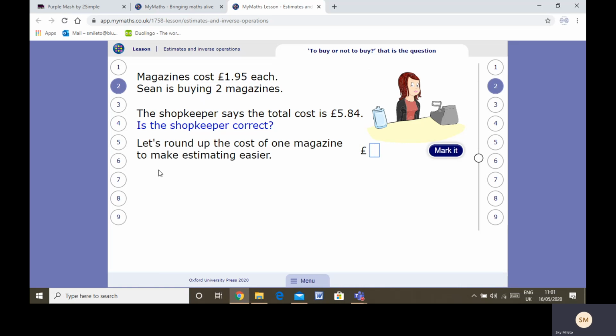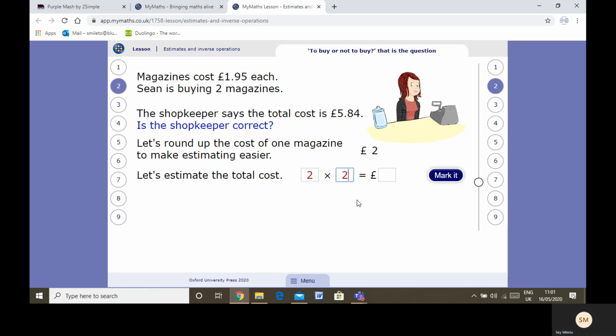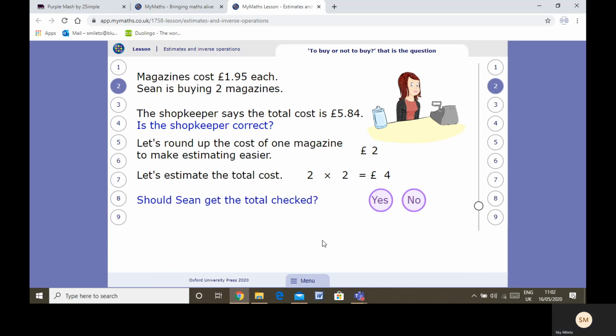So I've rounded the cost of 1 magazine to £2. I've said that he buys 2, so it would be 2 times £2, which equals £4. So he should get the total checked, because these are less than £2, so it should be less than £4.